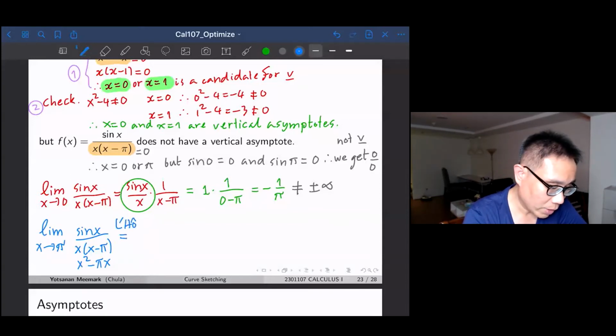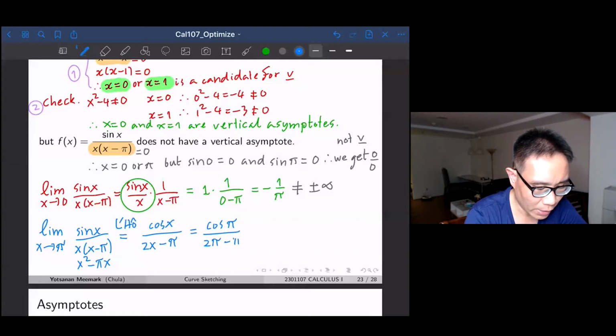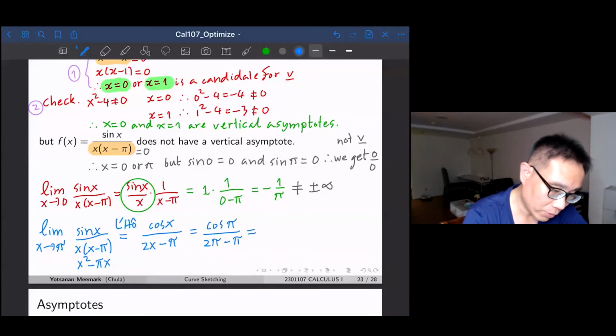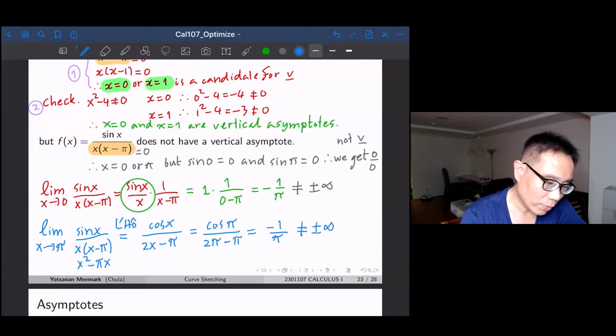So you differentiate sin and get cos x, and differentiate x squared minus pi x and get 2x minus pi. So you plug in, and it's cos pi over 2 pi minus pi. Cos pi is negative 1, and 2 pi minus pi is pi, and this is not equal to positive or negative infinity. So both of them are not vertical asymptotes. So we have no vertical asymptote.